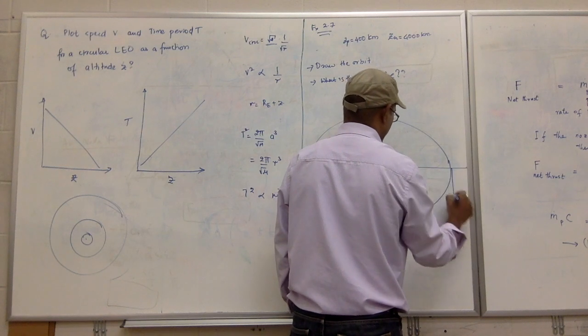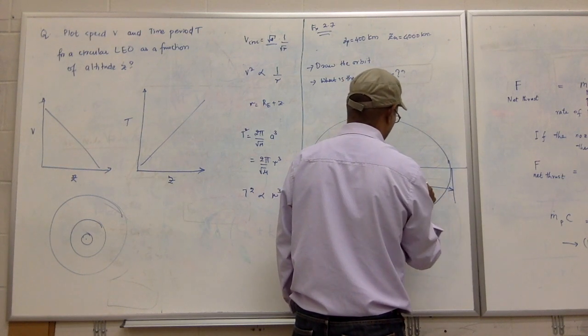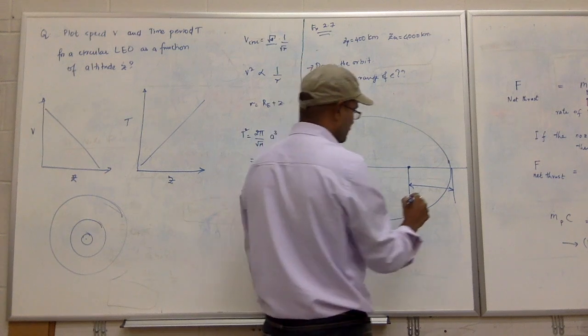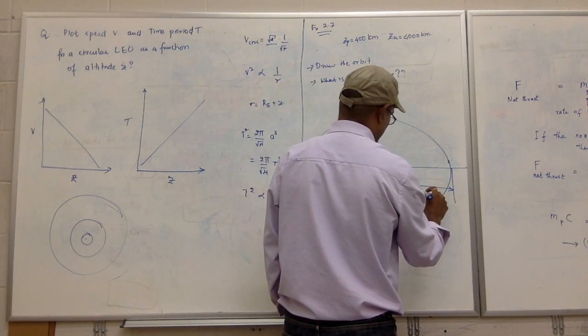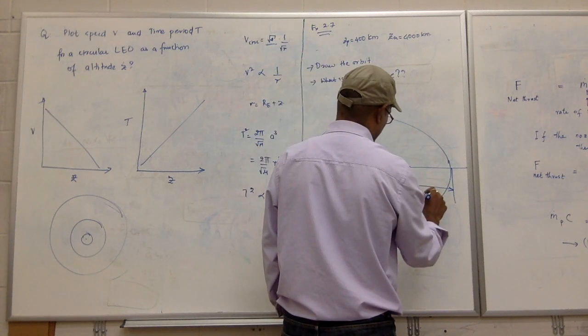What is this distance? How much is this distance? It's RP. In this case or in general? In general.